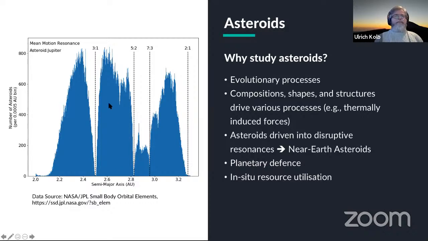And even those asteroids sitting in what looks like the safe zone of semi-major axes may eventually migrate into the resonance zone if they are subject to these thermally and radiation-induced forces.